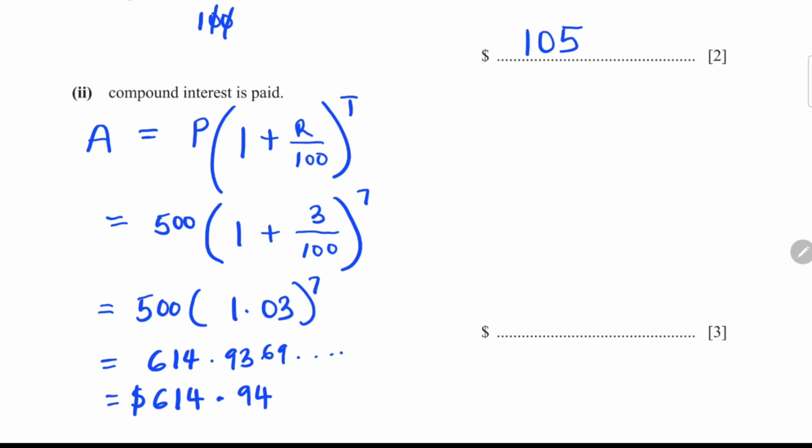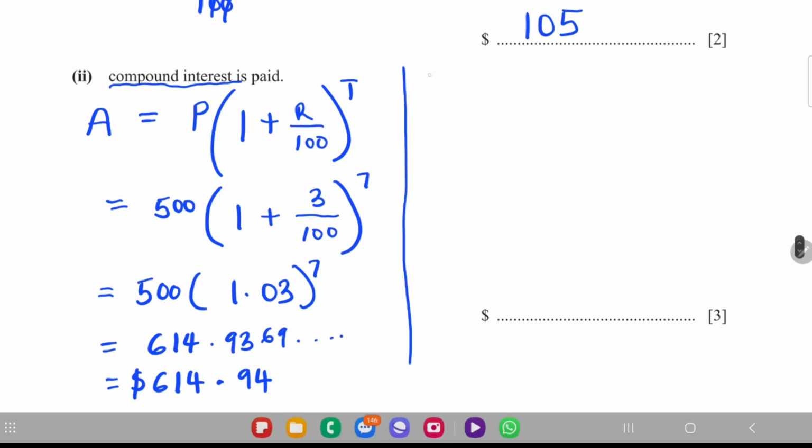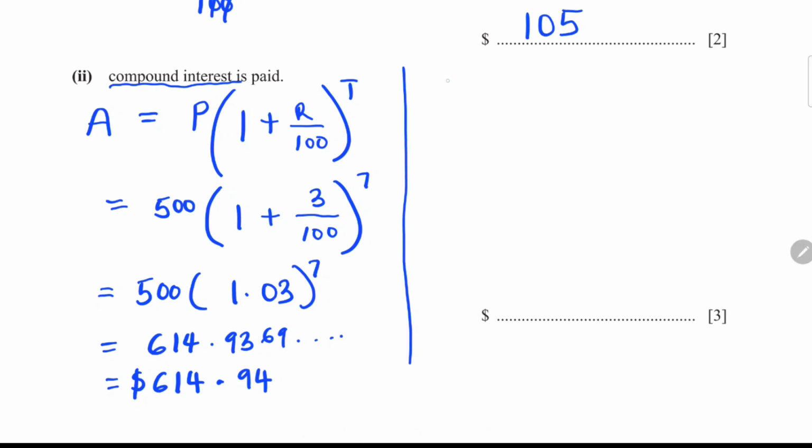All right. So our amount is 614.94. But remember, we have not been asked for the amount. We've been asked for the compound interest. So to get our compound interest, we need to subtract from this amount our principal. Our compound interest is given by amount minus principal. All right, so it means that we are going to subtract.